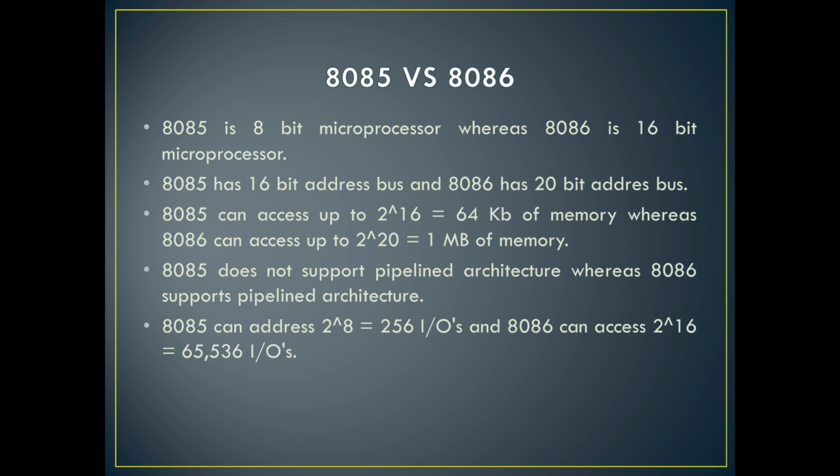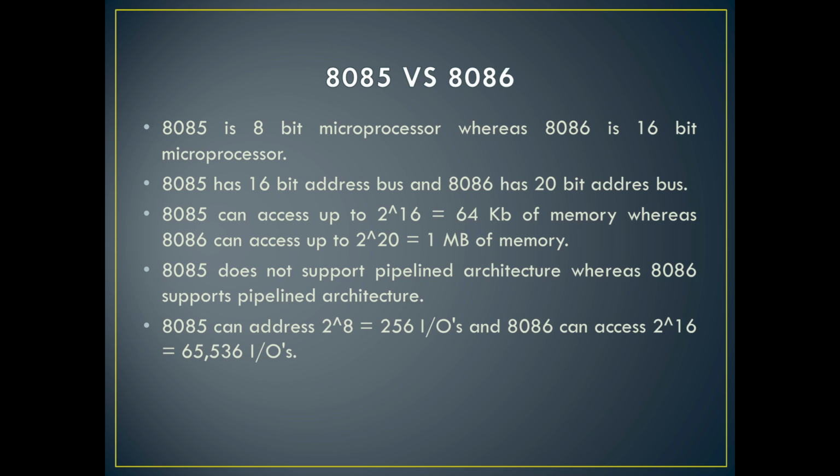As you all know, 8085 is an 8-bit microprocessor, right? So for an 8-bit microprocessor, how many data lines can be there? Right, 8 data lines. And 8086 is a 16-bit microprocessor, so 16 data lines should be there. Again, 8085 has an address bus of size 16 bits, whereas 8086 has an address bus of size 20 bits.